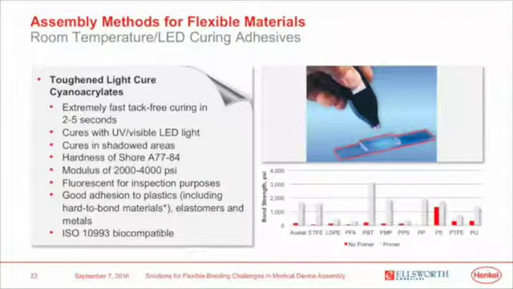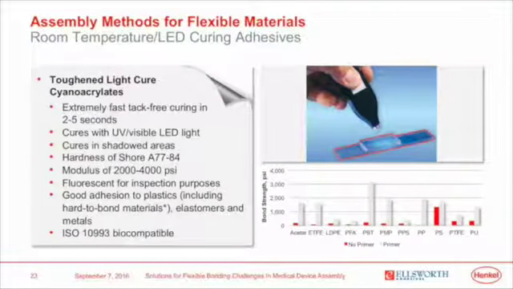These are a little higher on the Shore A scale than the first solution we talked about, in the 70 to 80 range, where the previous was around 60. Moduli are cited here, as well as fluorescence for inspection purposes. Like many of the cyanoacrylates in the previous category, these offer excellent adhesion to plastics, elastomers, and metals.